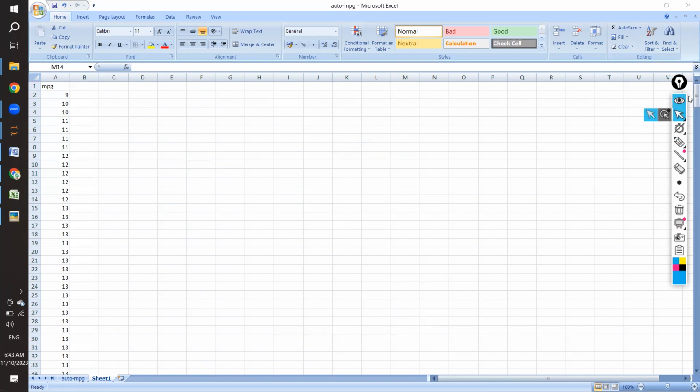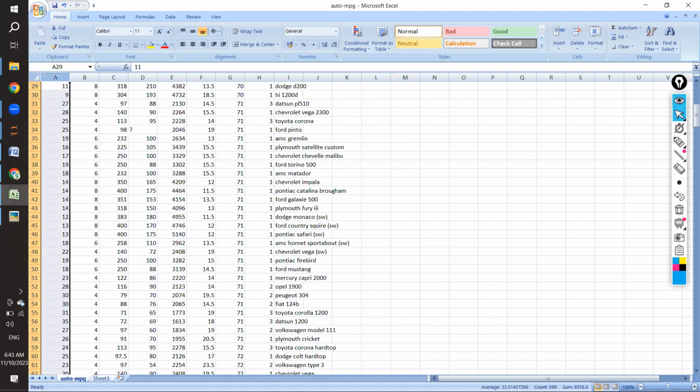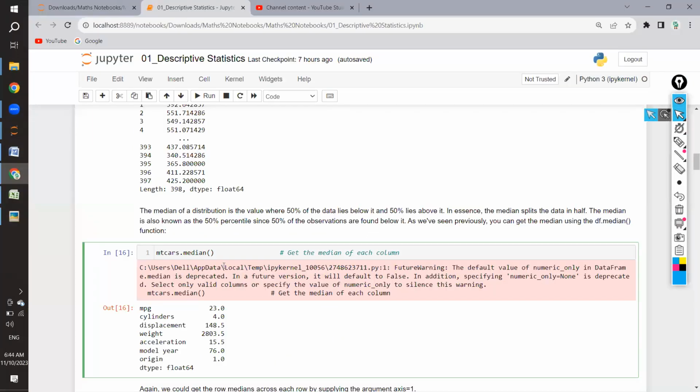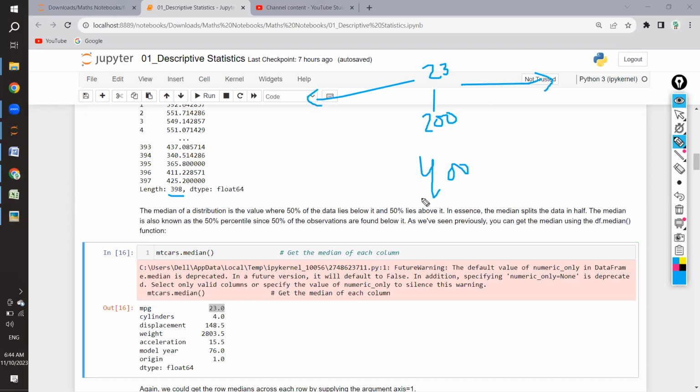Now as you can clearly see, this is a given column, but if I take the column and just sort it, as I have shown here, it is saying the median is 23. That means the middle number is 23. If you roughly consider 400 values, that means at 200 you should have the median. That means 200 values will be below 23, and 200 values will be above 23, total 400.